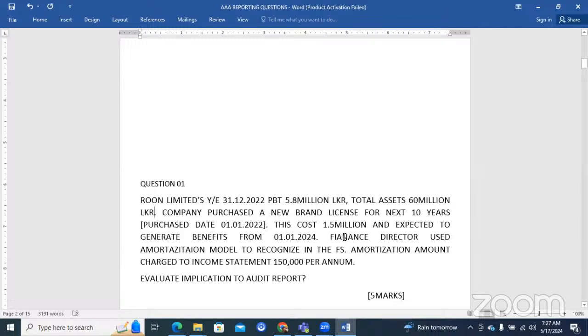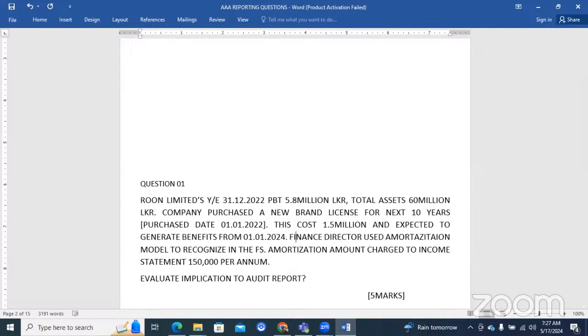IAS 38 clearly says you amortize from the date economic benefits are derived, not from the date of purchase. Generally, the two dates are the same.